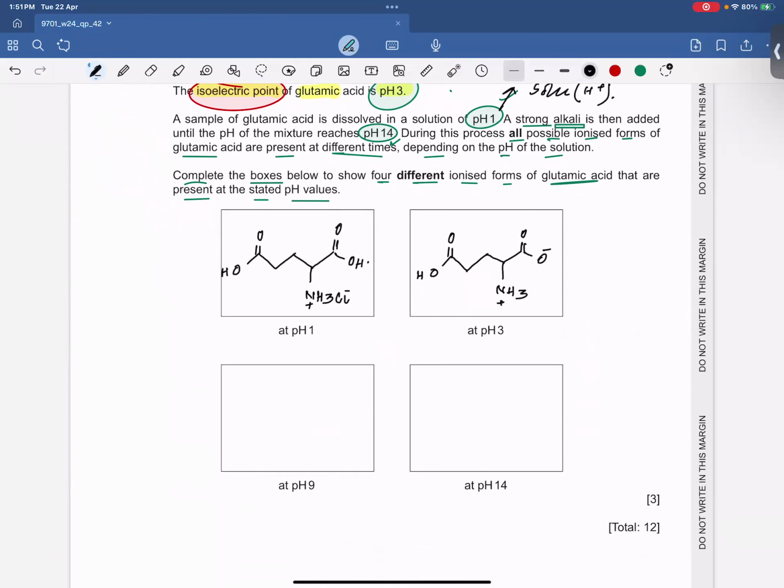Okay, low pH. So you should show either one of these deprotonated. All right. And at pH 14 both will deprotonate. That's a very, very different sort of question. Both deprotonated, so obviously this will be negative and this will also be negative. Okay. Again NH2.